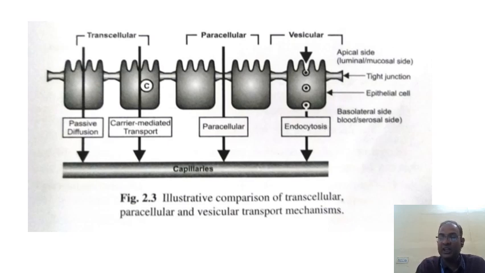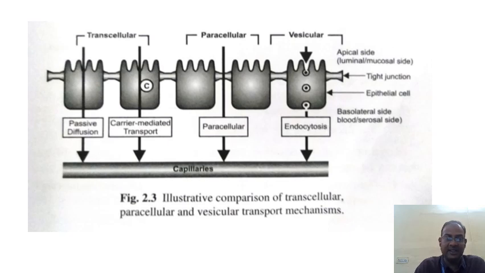If the drug transport is done like this, it is called vesicular transport. This vesicular transport is of two types, as I told you. If the material is solid, we call it phagocytosis. If the material is liquid, it is called pinocytosis. That's why it is called cell eating and cell drinking.